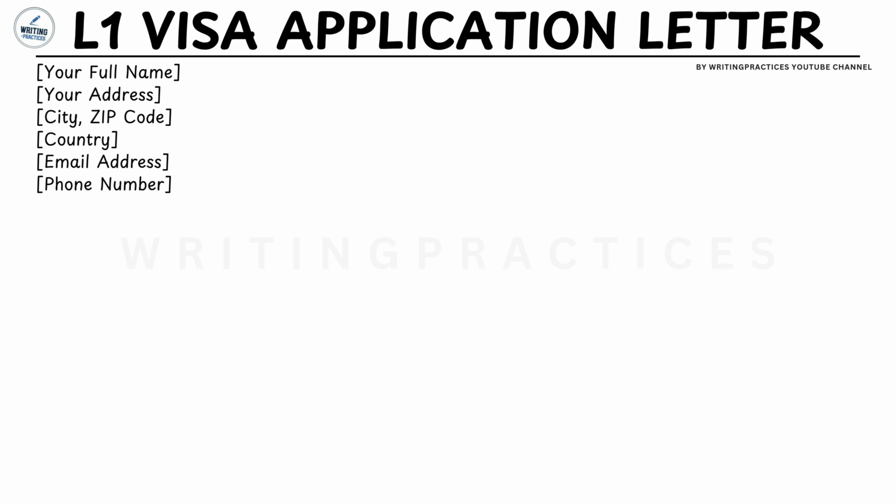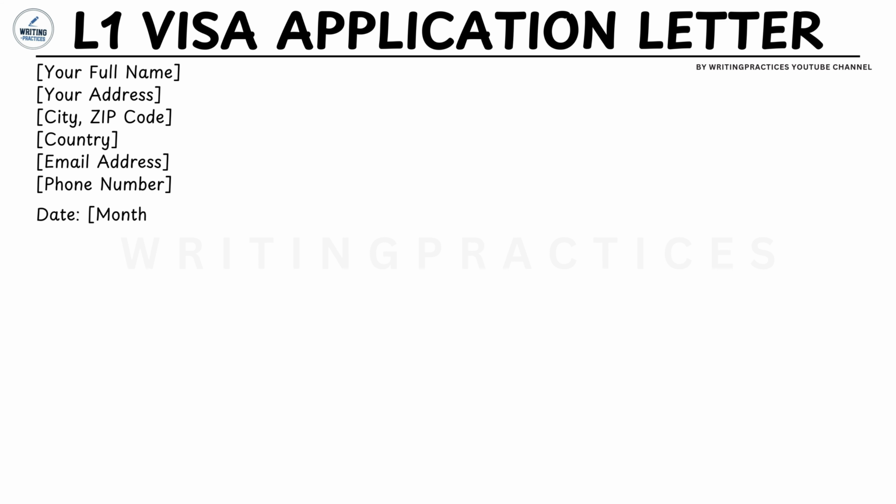John Doe, 123 Maple Avenue, Toronto, Ontario, M5A 1B2, Canada, johndoe@email.com, +1 416 123 4567. Including this information up front ensures that USCIS has your contact details in case they need further clarification.